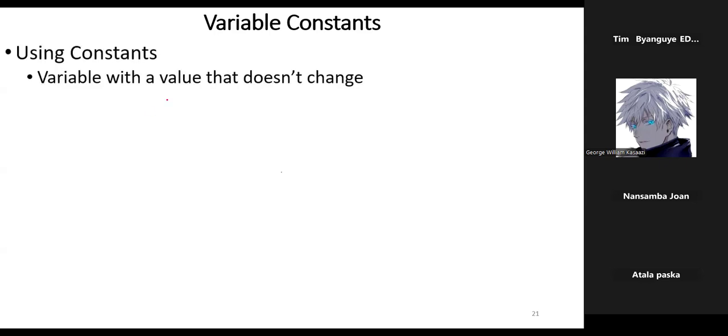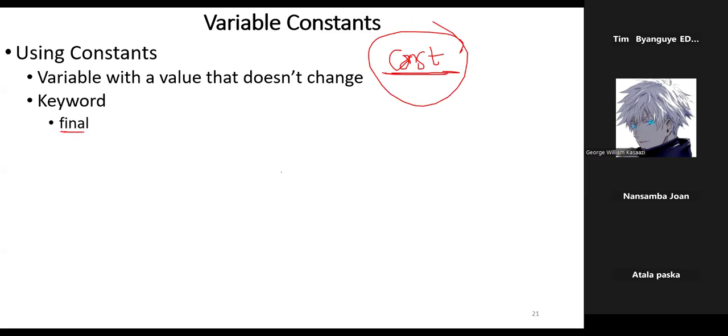And how do we do this? Well, the keyword that we use is final. In other languages like C++, you've seen the const keyword. But here we're going to be using the word final. Final should be straightforward, as in my final word is, that's the last thing. Now, that can change, we all know it can change, but final here is something that cannot change.